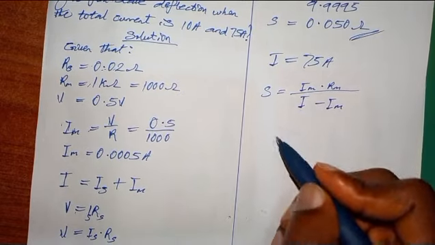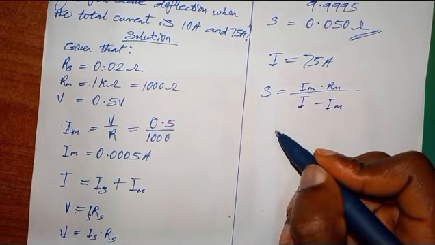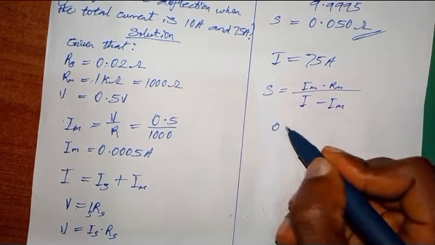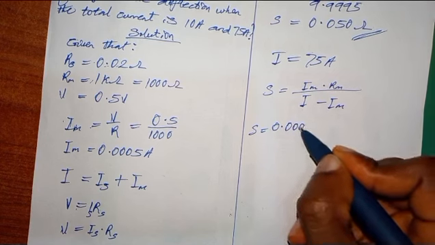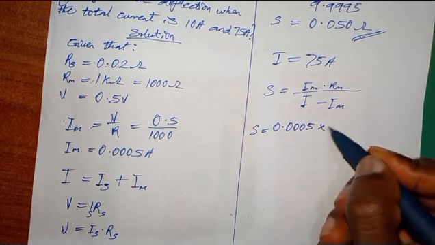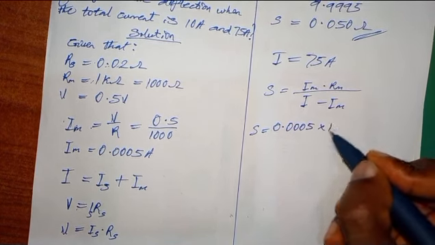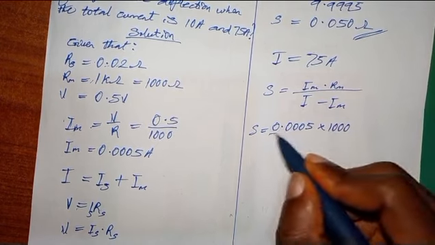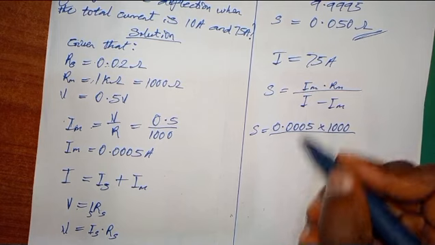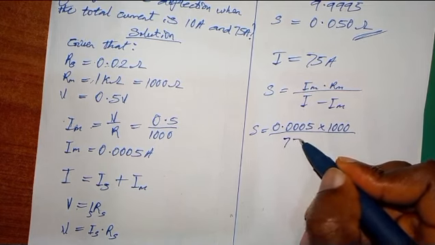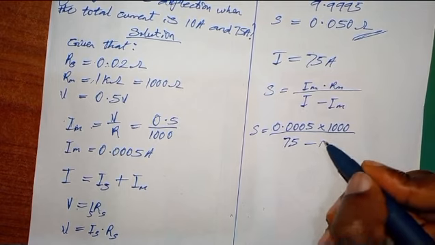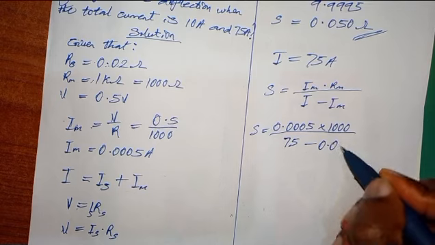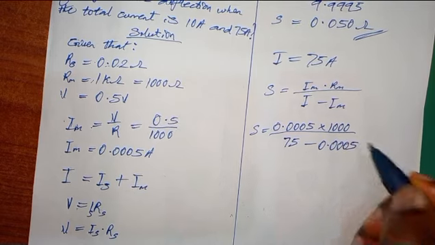We just substitute the values. S equals 0.0005 times Rm, given there to be 1000, divided by the I total here, 75 amp, minus the Im, 0.0005.